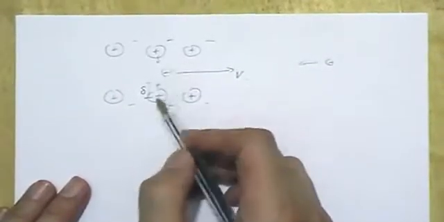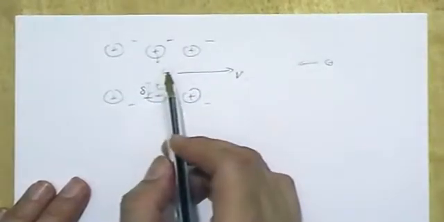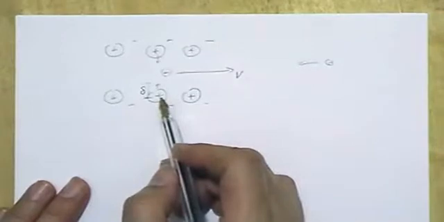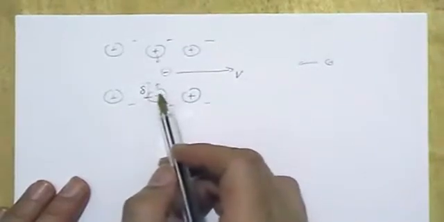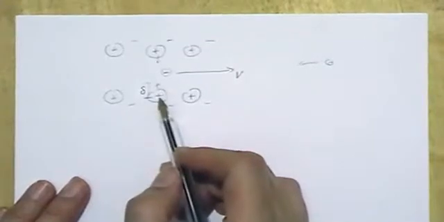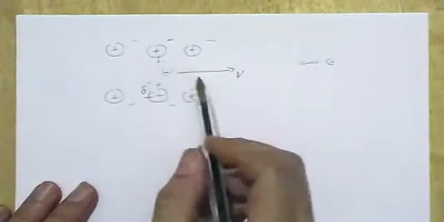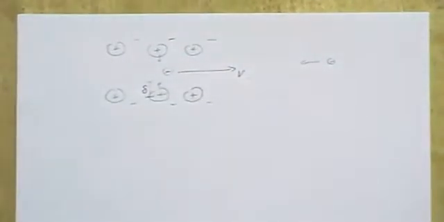Now, normally, if the ion is not displaced, the electron would not experience any positive potential because the positive charge here would be effectively cancelled by the surrounding electron cloud.